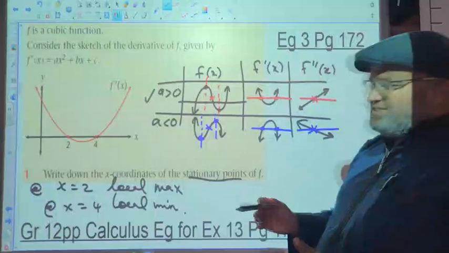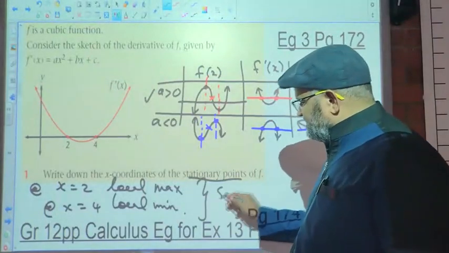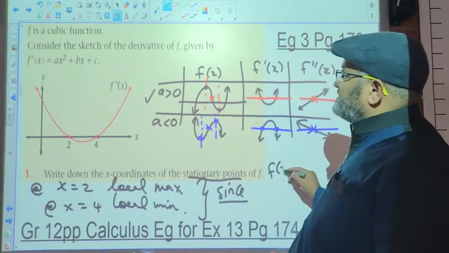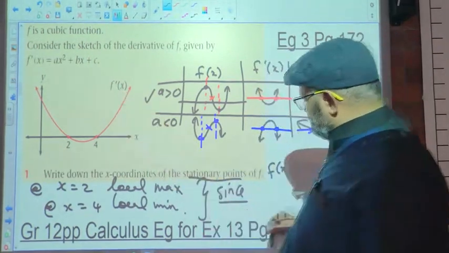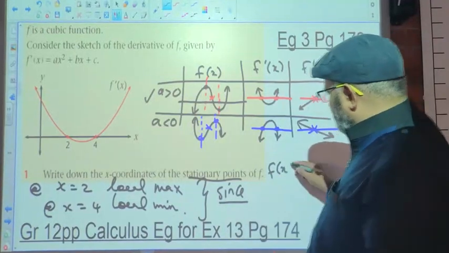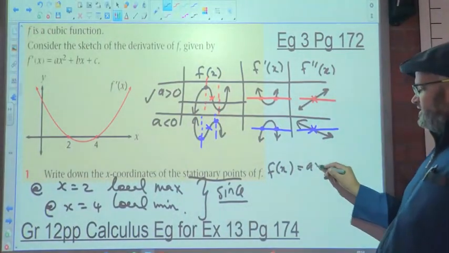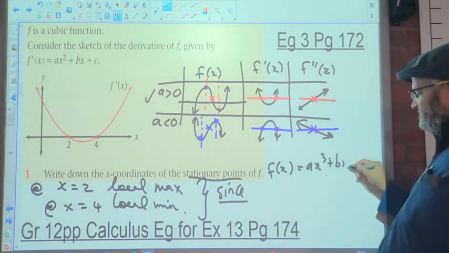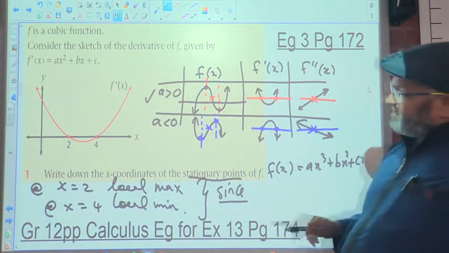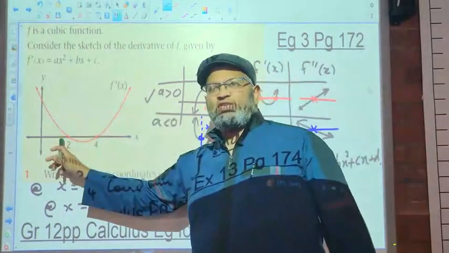If they ask you to explain why that is the case, you can say: since for the function f prime x is equal to ax squared plus bx plus c, or f of x is equal to ax cubed plus bx squared plus cx plus d. But we can refer to this because that graph is given.